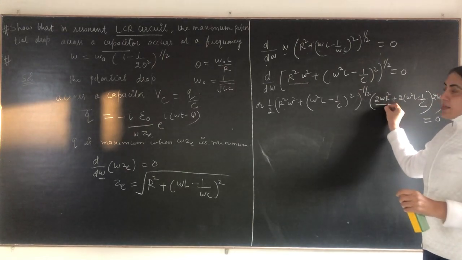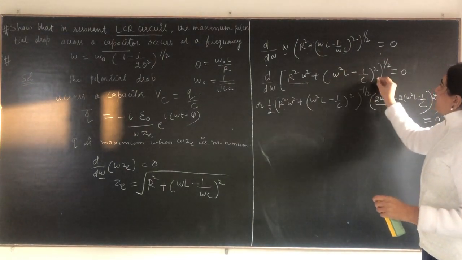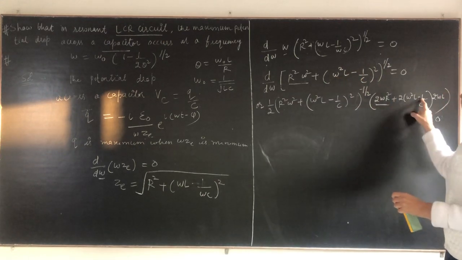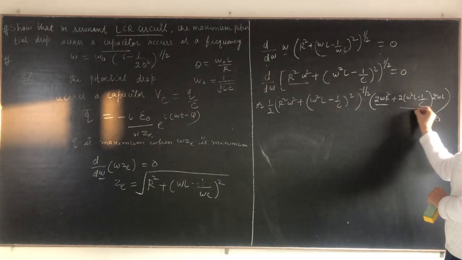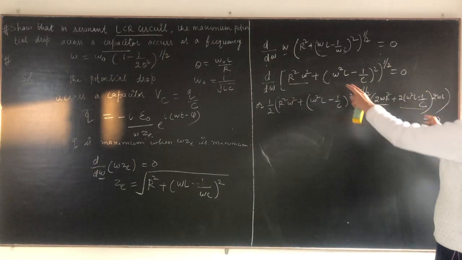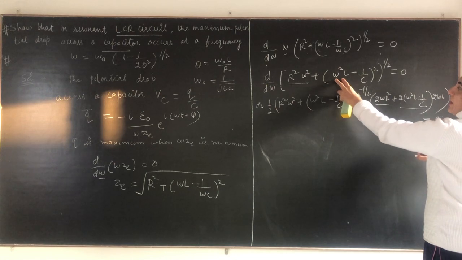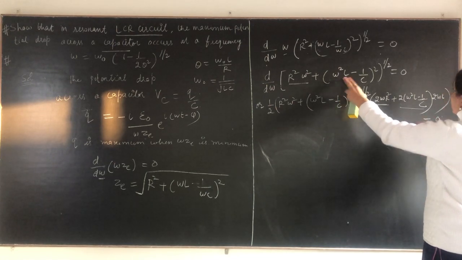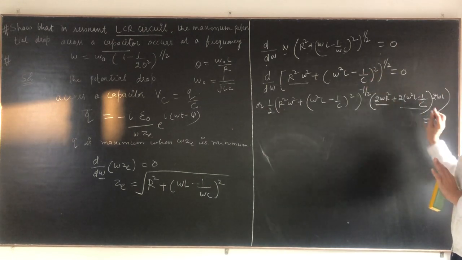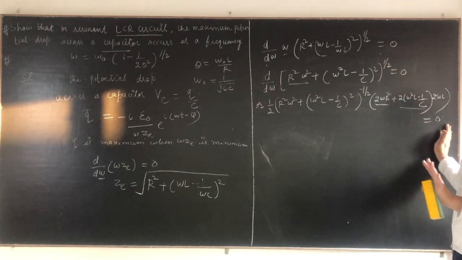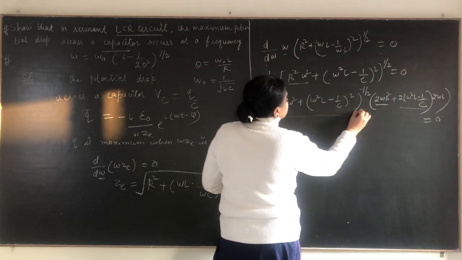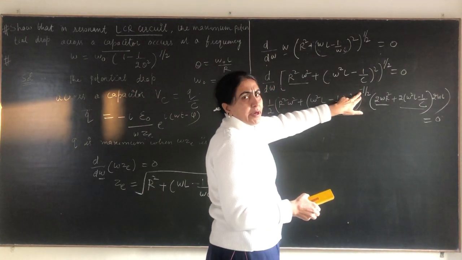The derivative of the second will be 2 times (omega square L minus 1 over C) into the derivative of this term. The derivative of omega square L is 2 omega L, and the derivative of 1 over C is 0. Clear? So this is the derivative. Now this will become minus 1 by 2.